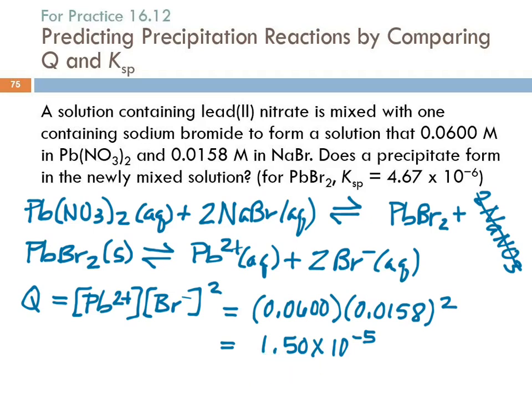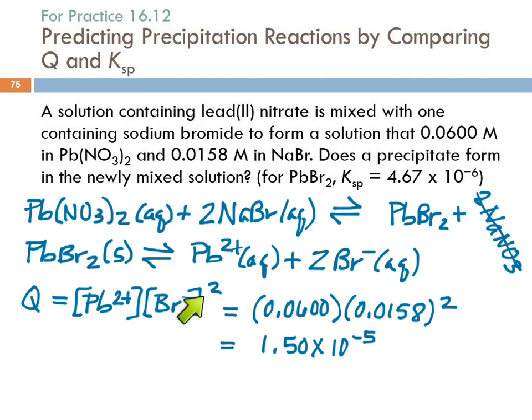And then we compare that to Ksp. Q is larger. This is bigger, right? This is another one of those situations where you've got bigger and smaller, unsaturated, supersaturated, and it's easy to get confused. So I prefer to just think about it.